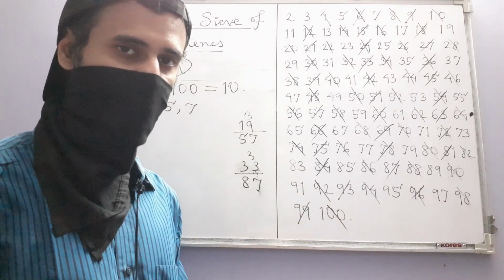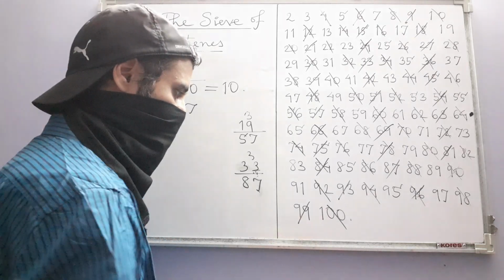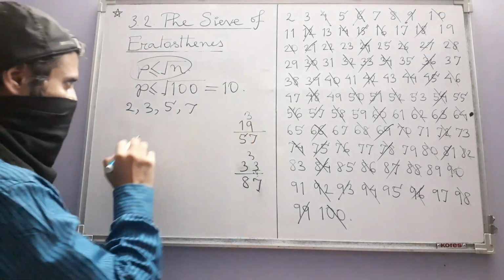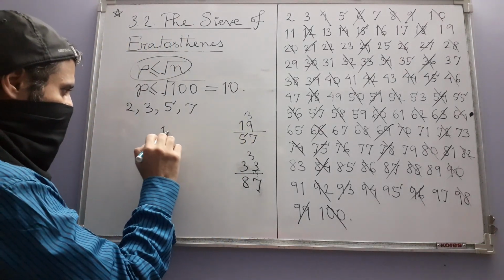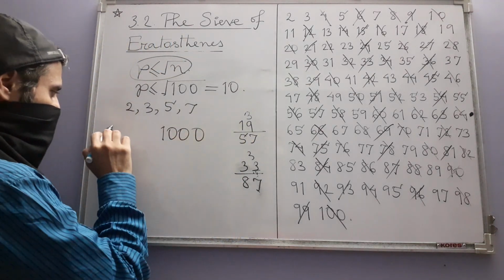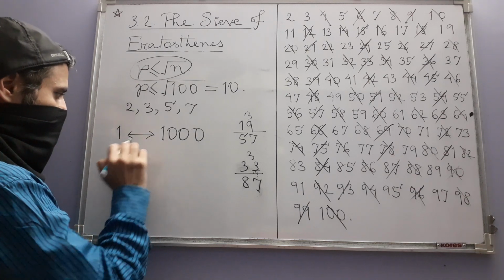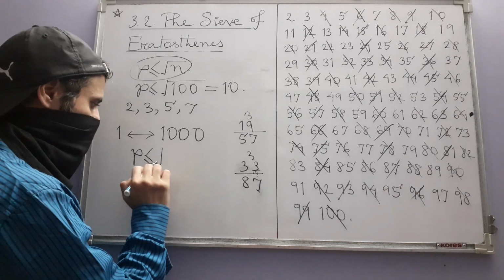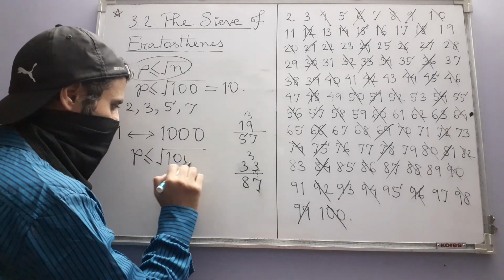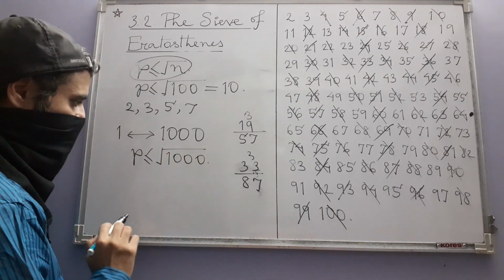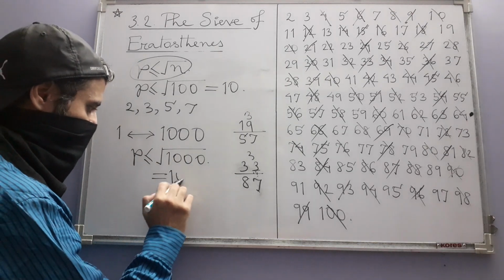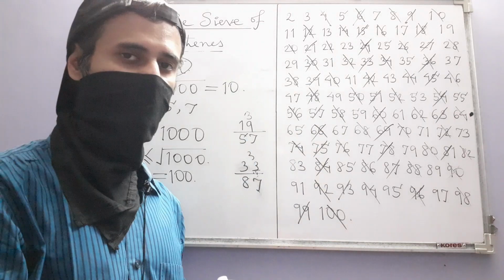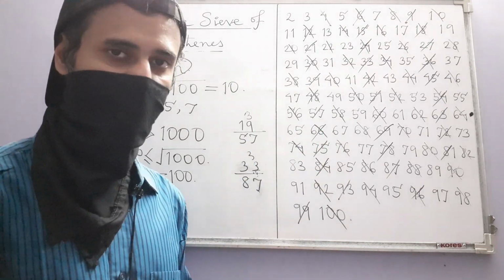Okay, so that list is there, but then if you go from 100 to 1000, say you next want to find all the primes between 100 and 1000, then you would have to weed out multiples of p that are less than 100, but this process itself will tell you the primes that are less than 100.